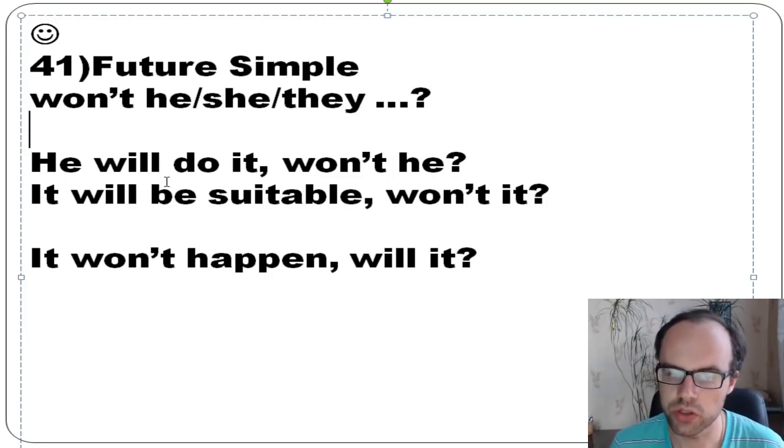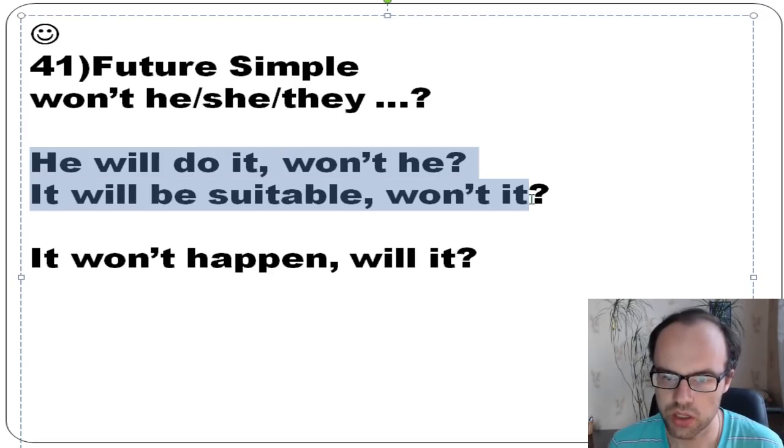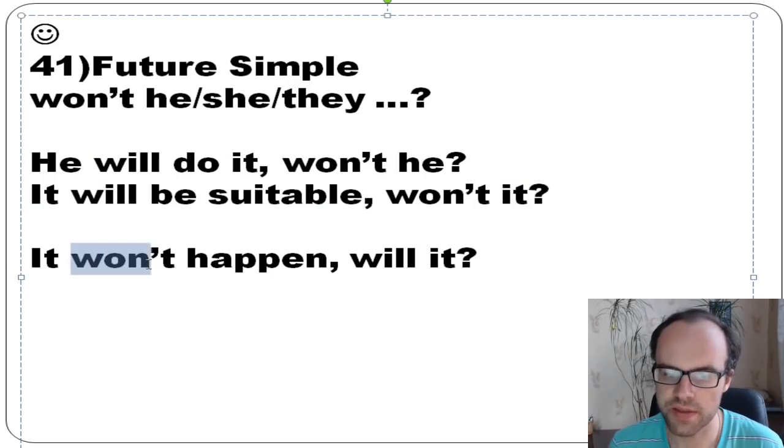So he will do it. Won't he? It means really. It will be suitable. Won't it? Really? So if it's a negative form, you need to use the opposite thing, a positive form. Look, it won't happen. Will it?